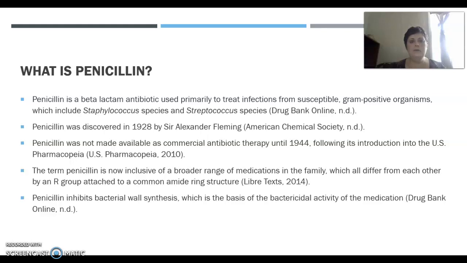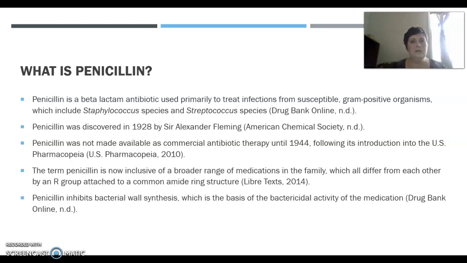However, he was unable to purify pure penicillin and ramp up commercial processes. So it was not until the 1930s and 40s, during World War II, that penicillin purification was made a priority.